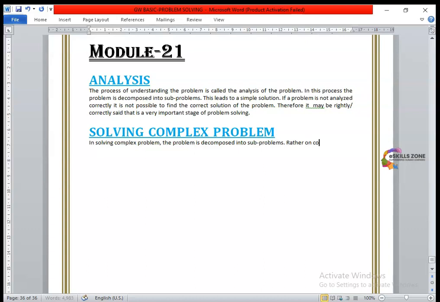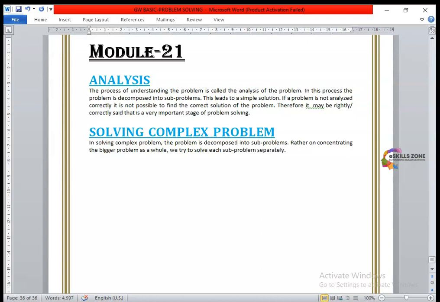Rather than concentrating on the bigger problem as a whole, we try to solve each subproblem separately.